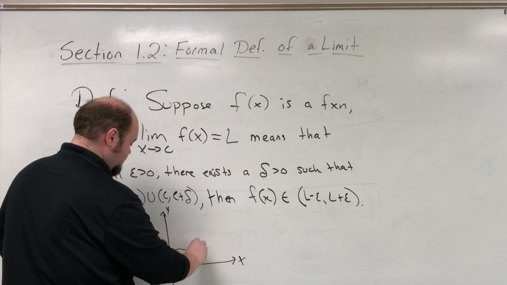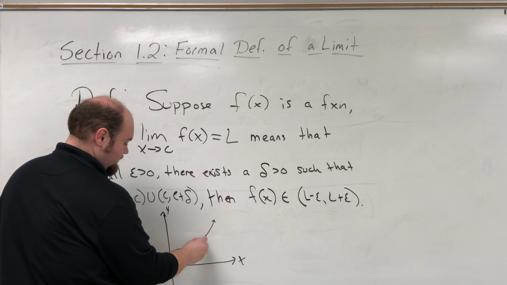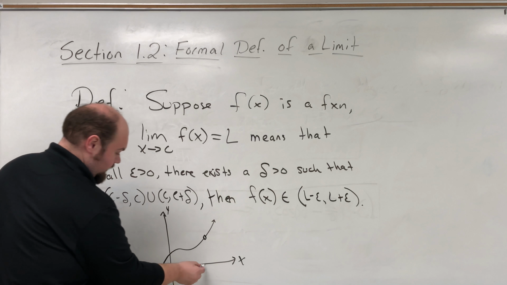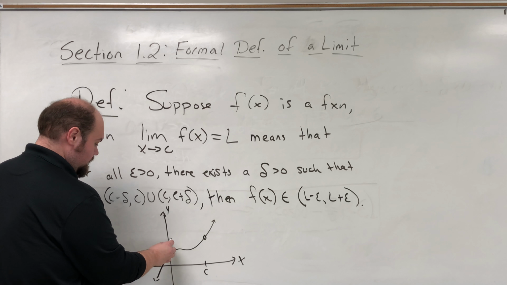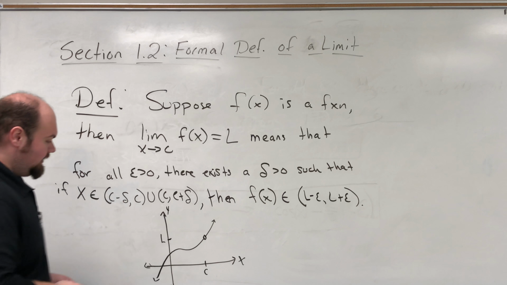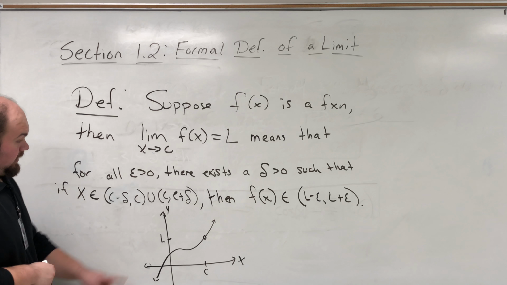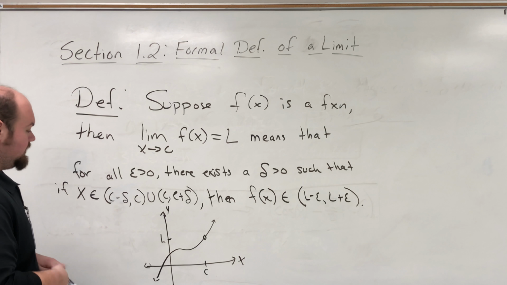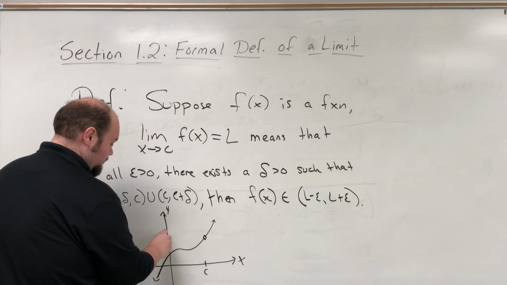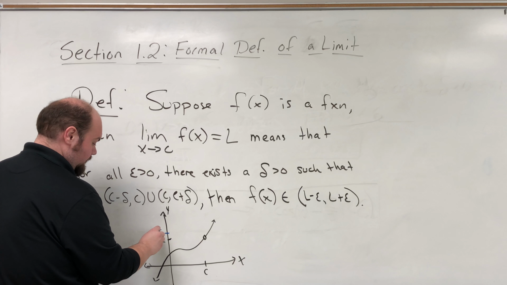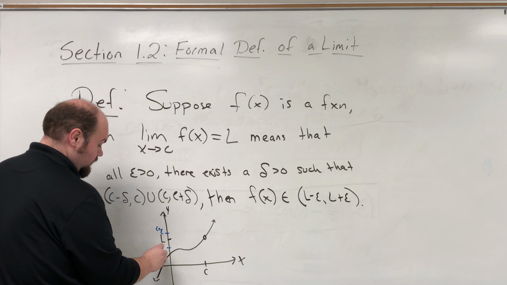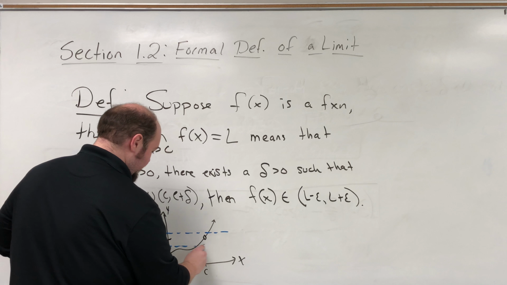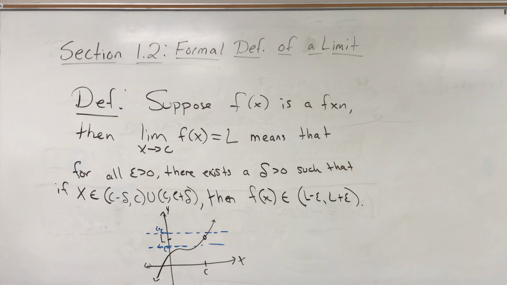So say we have a function that does something like that, and perhaps we have a hole here and our x value is c, and this occurs at the y value of L. Then what this definition says is no matter what epsilon I choose, I'm going to be able to go a little bit above L, we'll say L plus epsilon, and a little bit below L, L minus epsilon, and create this epsilon band around that value.